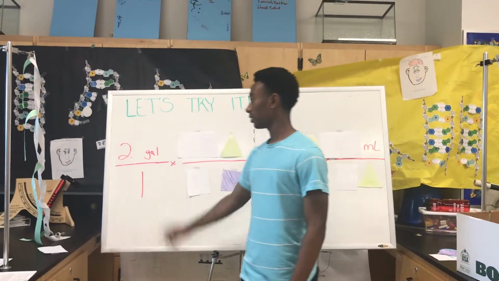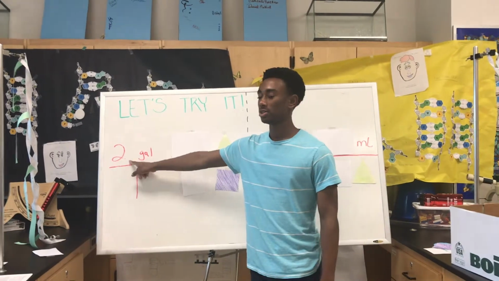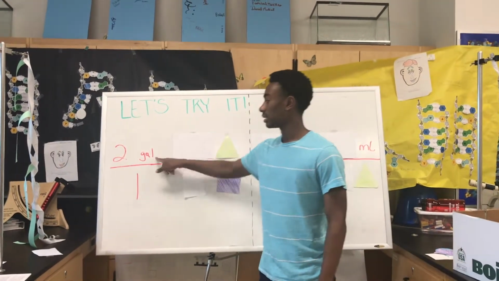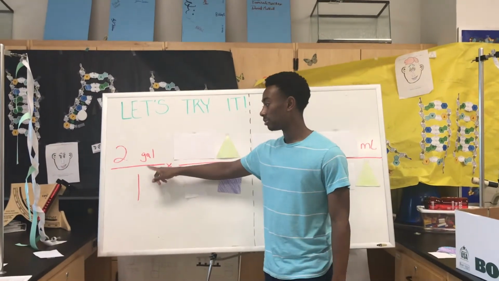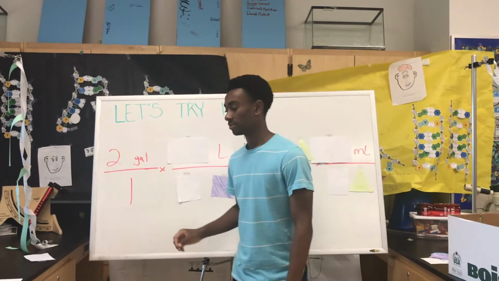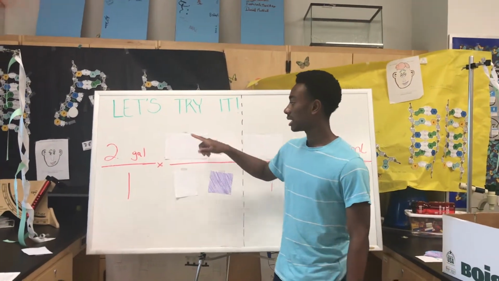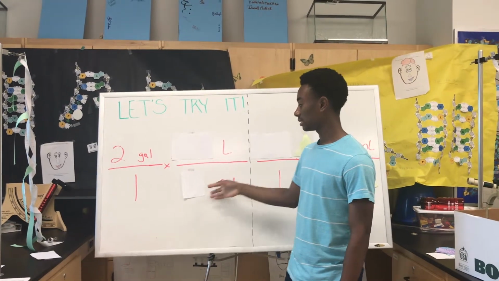We're starting off with our 2 gallons over 1. To be able to get to our final answer, first we need to convert gallons to liters, so we multiply by the ratio of liters to gallons.